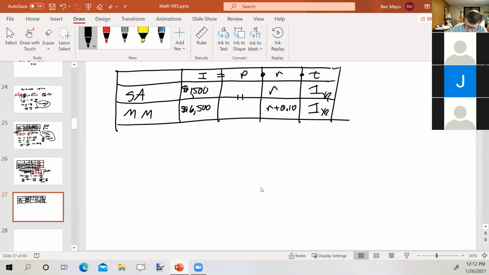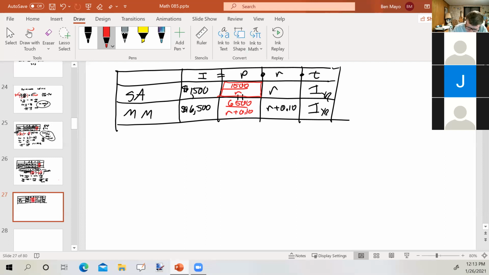Okay, so if I equals PRT, P equals I divided by RT. So our first principal is going to be 1,500 divided by R times 1, which is R. Our second principal is going to be 6,500 divided by R plus 0.10 times 1, which is R plus 0.10.